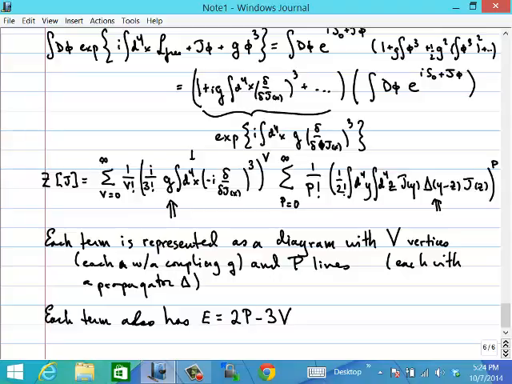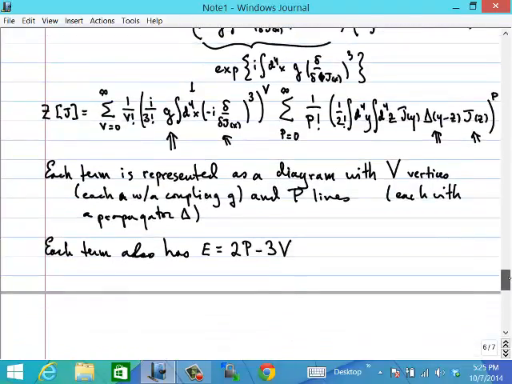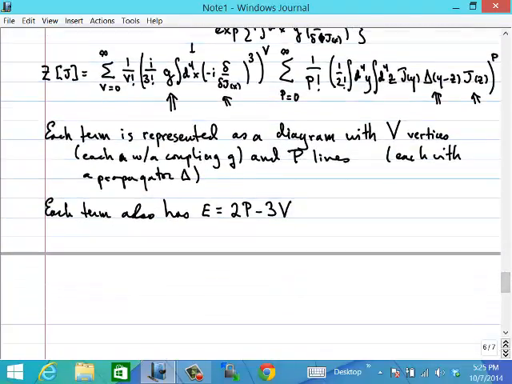Because each time you have a p, you get two external sources here, two j's, and each time you have a v, you remove 3 of them by taking derivatives. Okay. And so what I'll do is I can now write down my Feynman diagram expansion for Z of J.